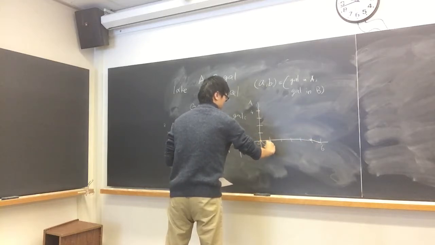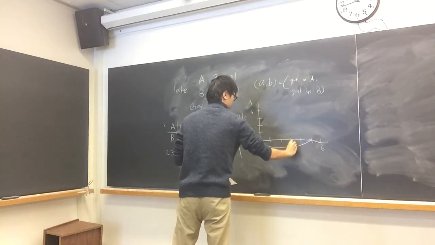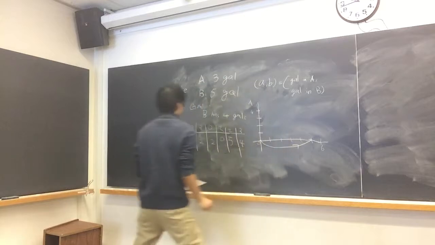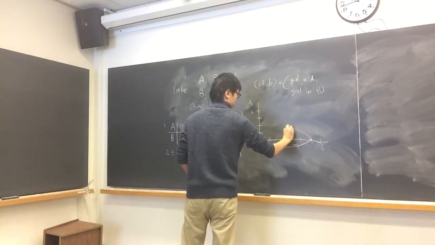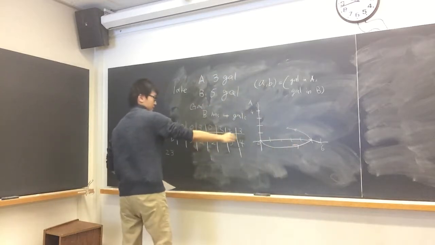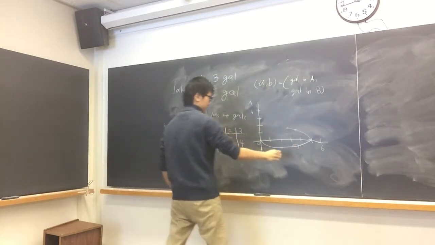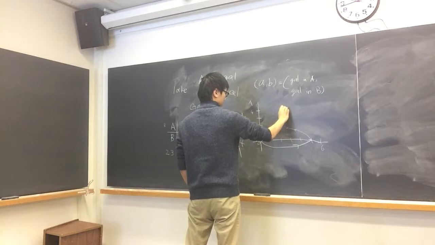So we draw an arrow here. From here, 3, 2. And so on until we get to the point 3, 4.